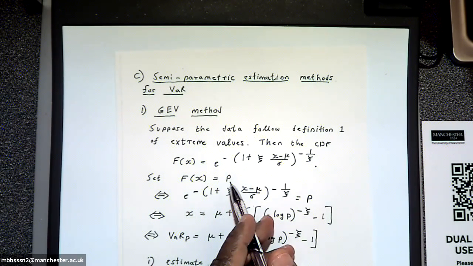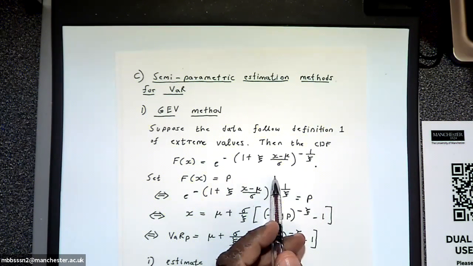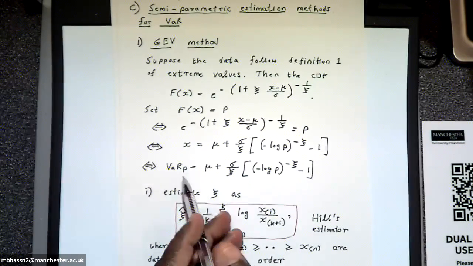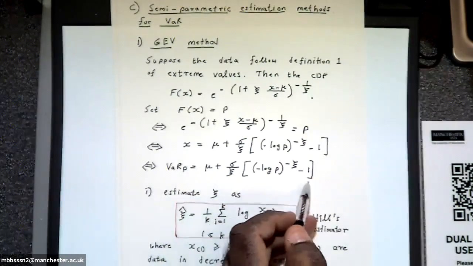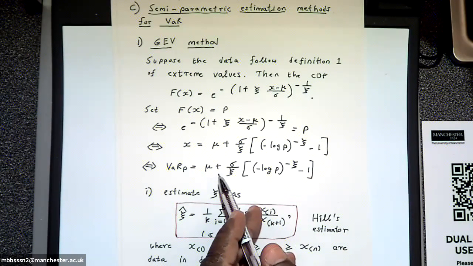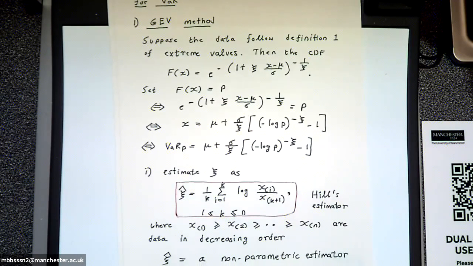From the stuff we did before, this is the CDF of the data, and it follows that the VAR is given by this. There are 3 parameters here: mu, sigma, and psi. There's a popular estimator for psi, known as Hill's estimator, given by this.